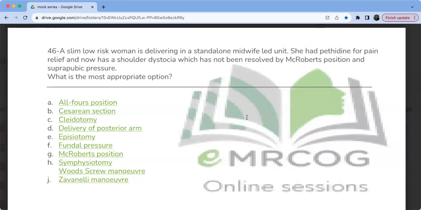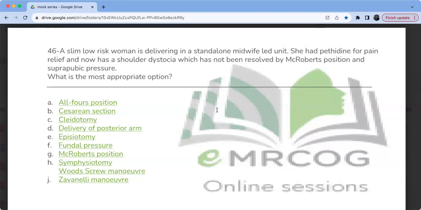For a less mobile woman with epidural anesthesia in place, internal maneuvers are more appropriate. So this is what came in the guideline. The person who wrote the question just tailored it to the same lines in the guideline.